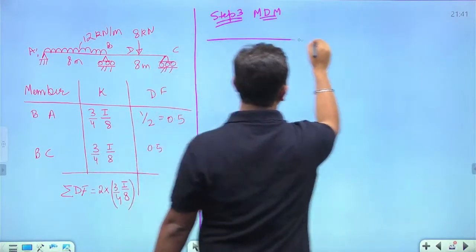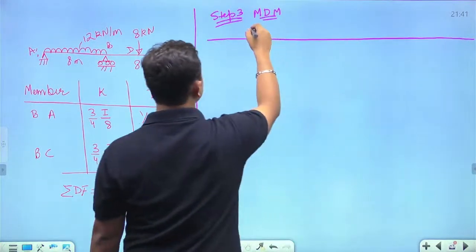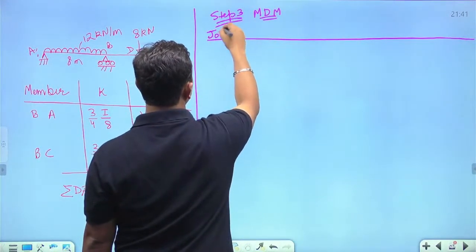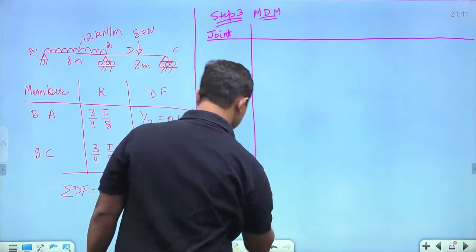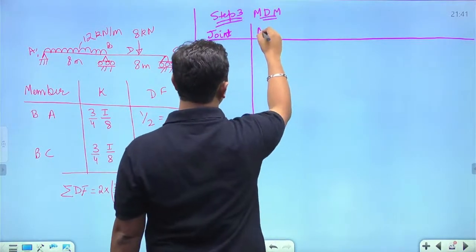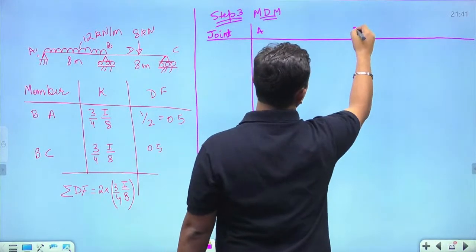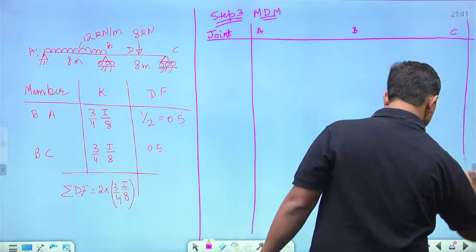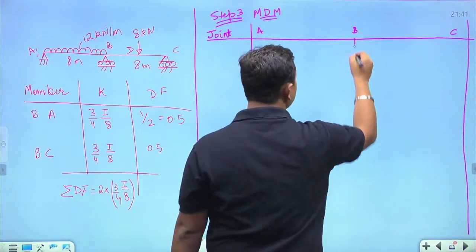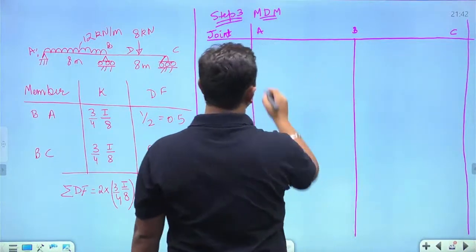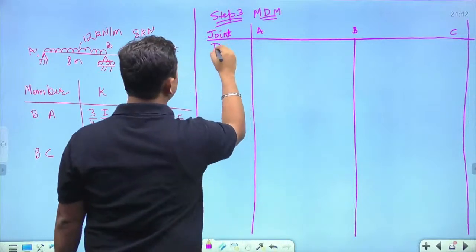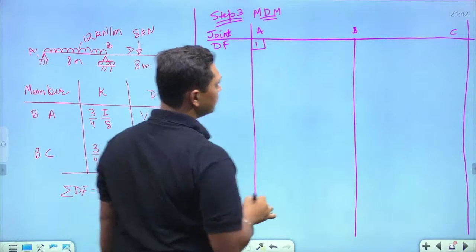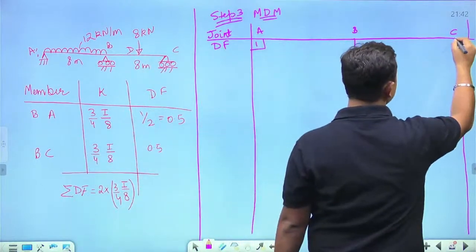So in this, we have our joint A, joint B, and joint C. At the joint A, the distribution factor is 1. Joint C is also 1.